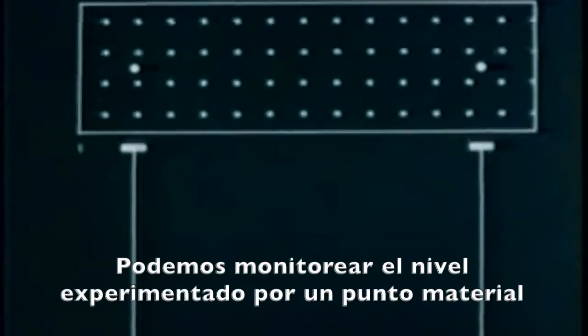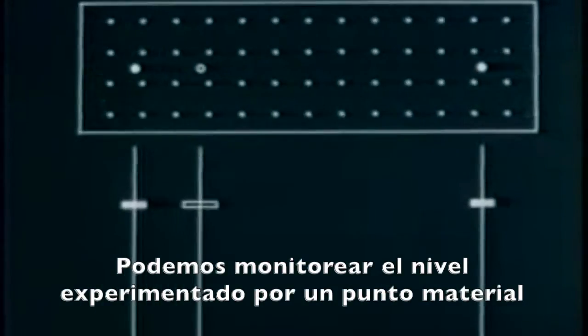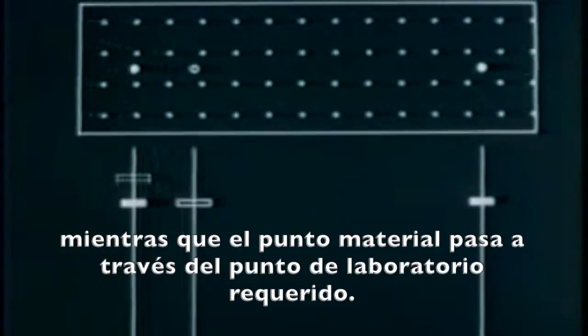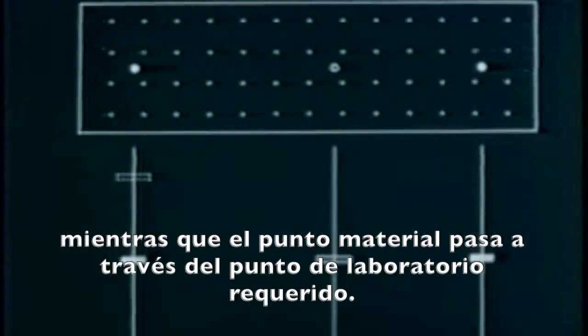We can monitor the level experienced by a material point traveling from one laboratory point to the other by watching the open bar on the Lagrangian counter carried by it. The dashed bar represents the value recorded by the Lagrangian counter as the material point passed through the left-hand laboratory point.